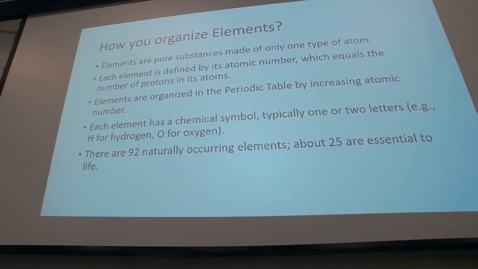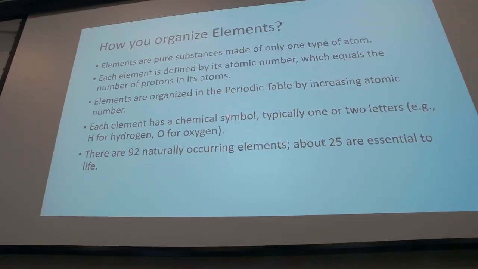So how many protons does it have? 6. What about helium? It's here. Helium, how many? 2, right? And then gold, this one, 79. Silver, 47. Cadmium, 48. So that's the atomic number, and that represents the number of protons.